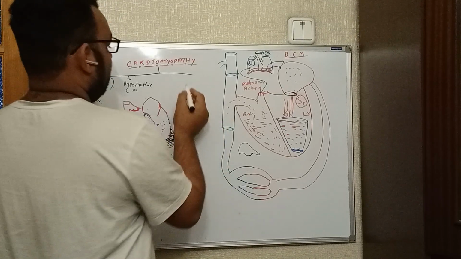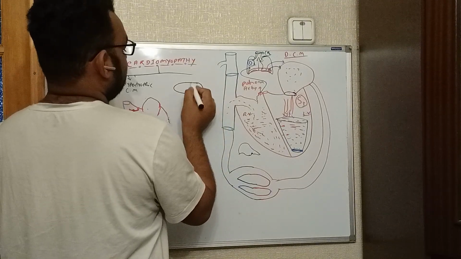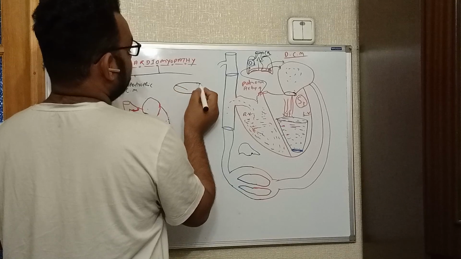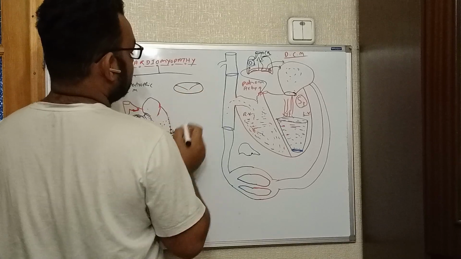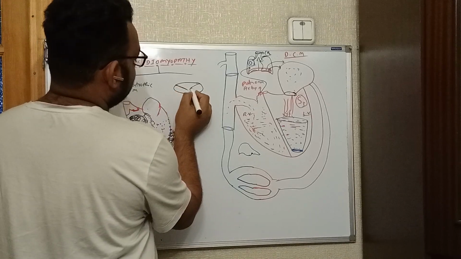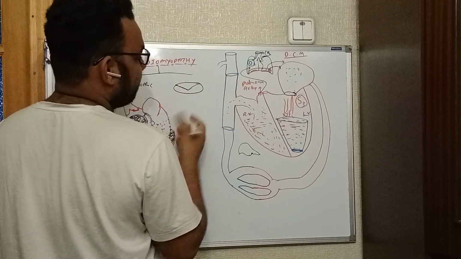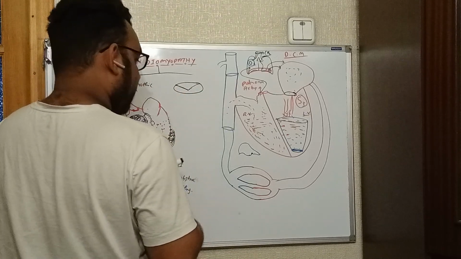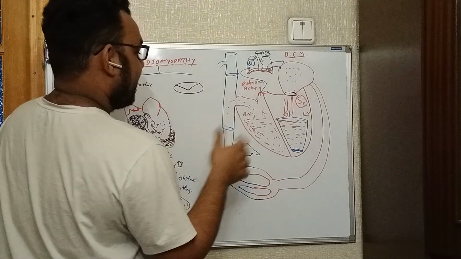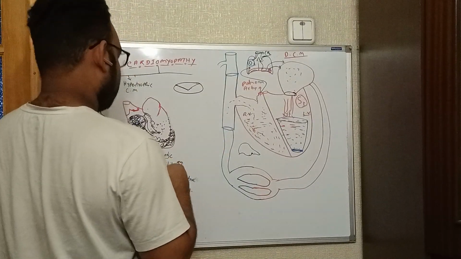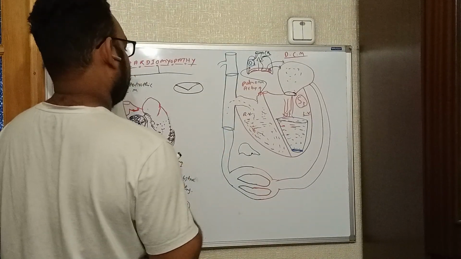Try to understand: in the mitral valve, we know there are two leaflets. During systole, the leaflets come together and fuse, preventing the backflow. But whenever the ventricle is getting dilated, at that time we will see what happens to the size of the leaflets of the valve.